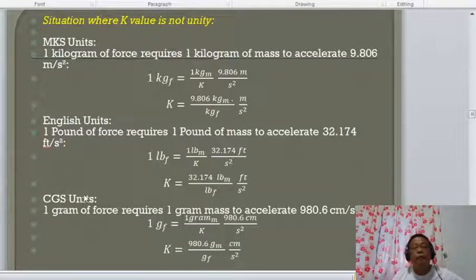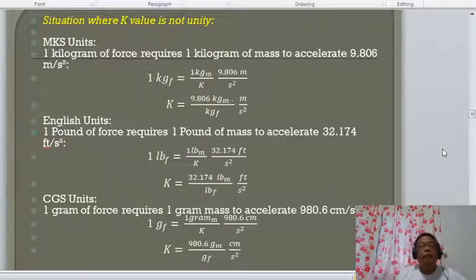So what is the required acceleration of 1 gram mass in CGS units? That is 980.6 centimeter per second square. That's why the value of K now is 980.6 gram centimeter per gram force second square.